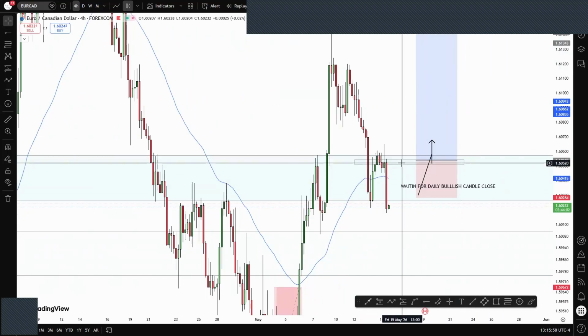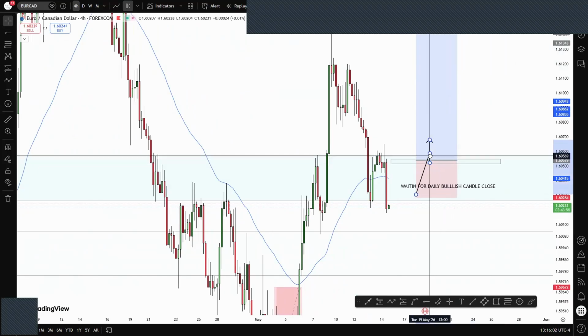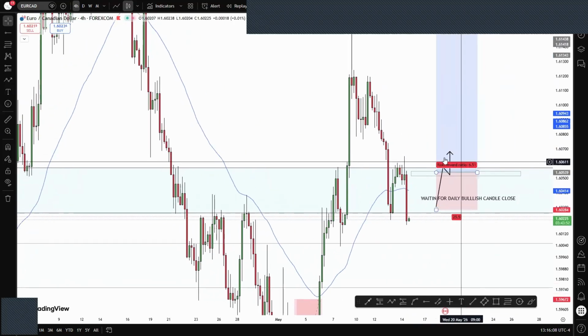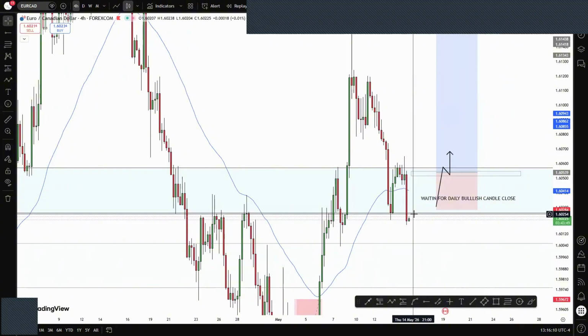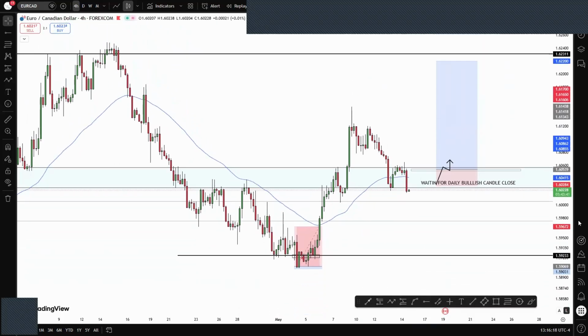If the daily can close with that bullish candle, which can be tomorrow or today or next week, this is a very clean trade that I would like to buy.